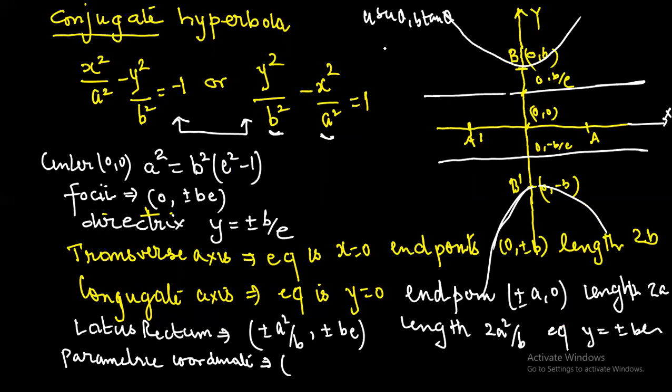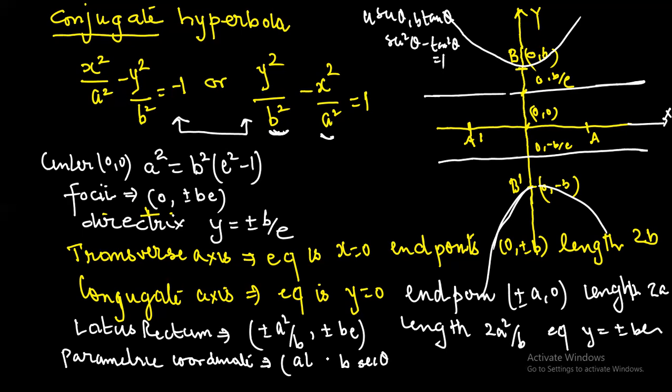But here we have to, because sec square theta minus tan square theta is equal to 1, consider the x coordinate as a. If we place it here, again you see this becomes b squared tan square theta, but it will be wrong. We have to write it as b sec theta, and this becomes a tan theta.